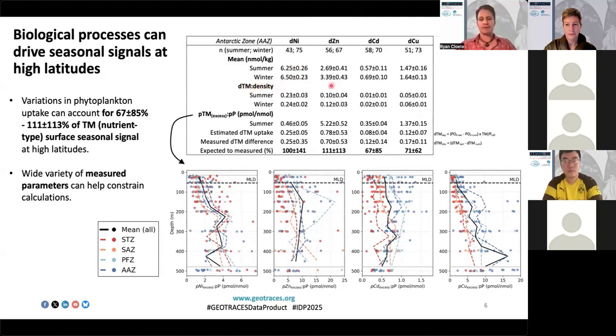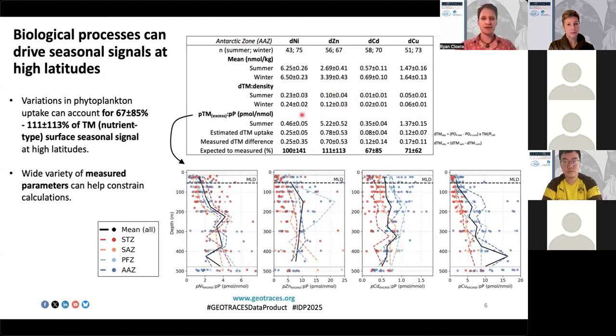And generally, all of these comparisons here are statistically significant. And so the difference in the element to density ratios shows that it's more than just a water mass signal that is controlling these seasonal variations.